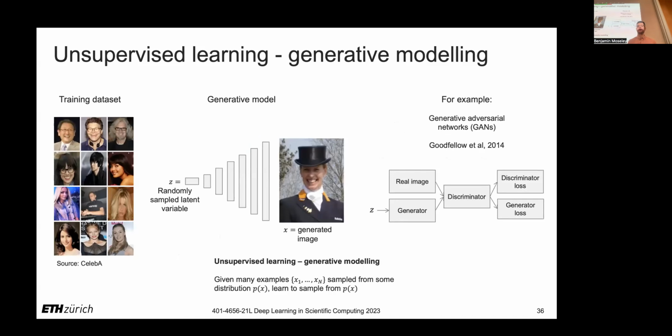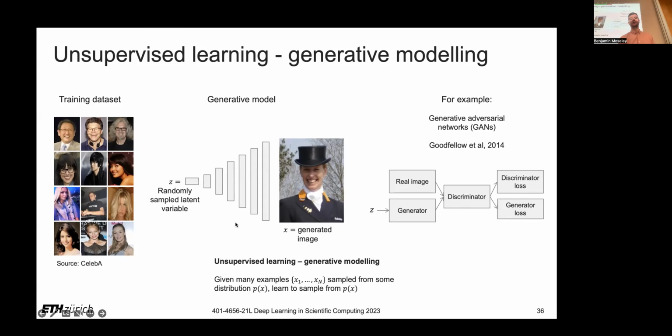Okay, and then the final unsupervised learning task, which is very popular, is what is called generative modeling. This is a slightly different task. I've got a bunch of training data here, and these are just images of celebrities in this case. Given this training data, can I learn to generate a new image of a celebrity or a face?